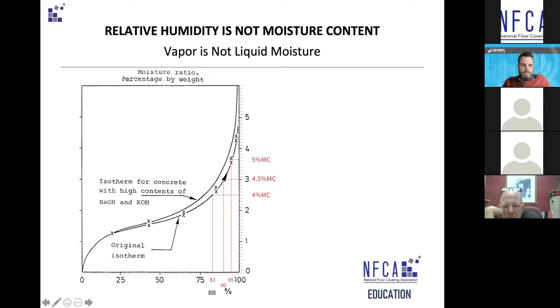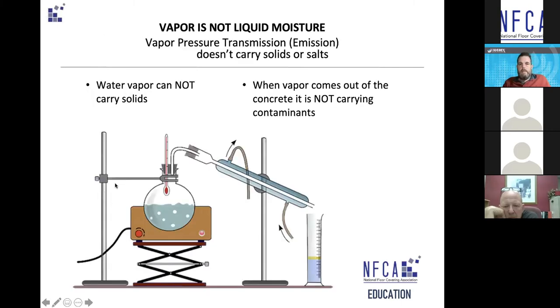So let me just go on to the next slide here. This is another misconception in the industry, and I'm not sure where this comes from. Maybe Bob or William or Clayton possibly will know the answer to it. But I think it came from the calcium chloride test.